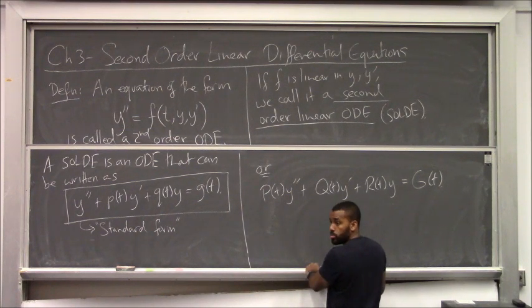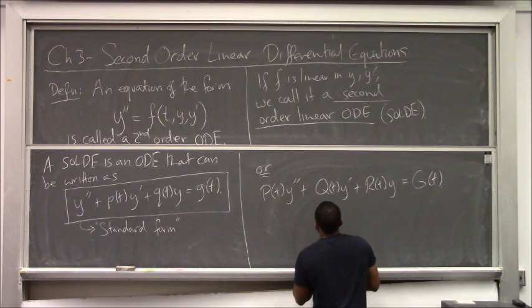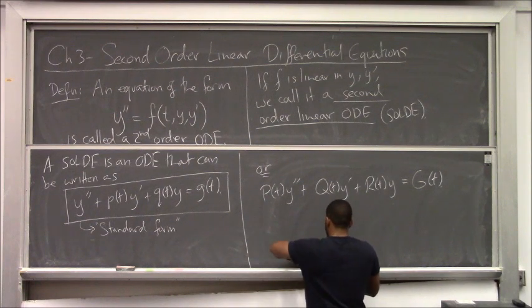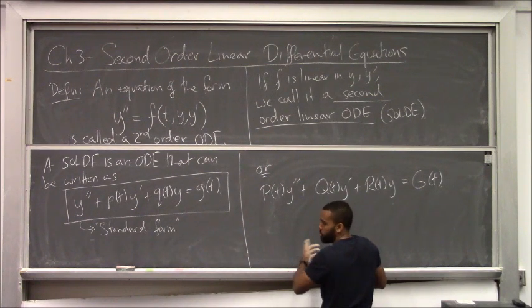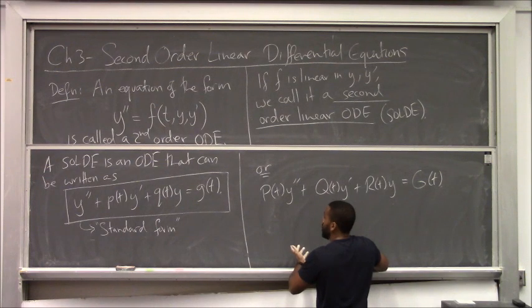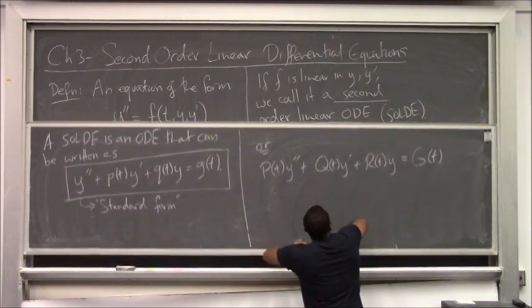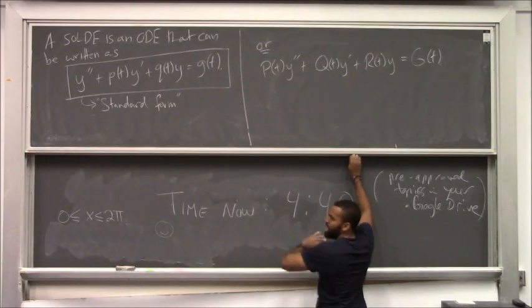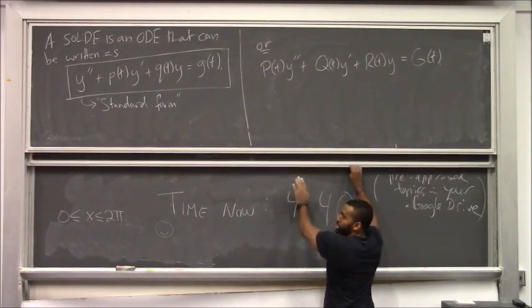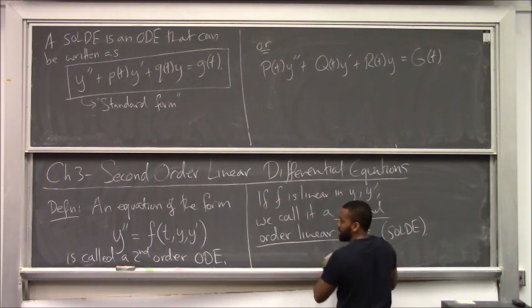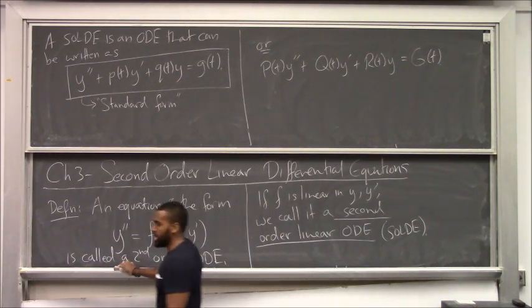Does it matter if we use p of t, q of t, r of t? No, if you use other letters than the p, q, and the g, it's fine. But this is the standard notation that your book uses. So just be aware that if you're reading from the textbook, there's room for confusion. We're going to have a lot of variables all over the place eventually, so I probably just save myself the hassle and write things how the book writes it, just to make reading easier.